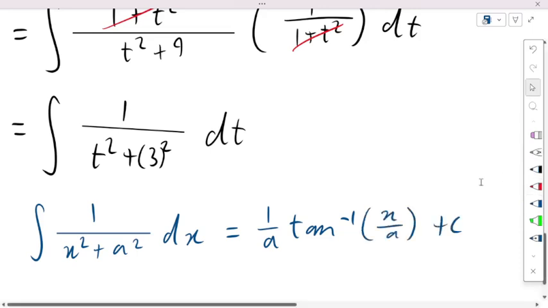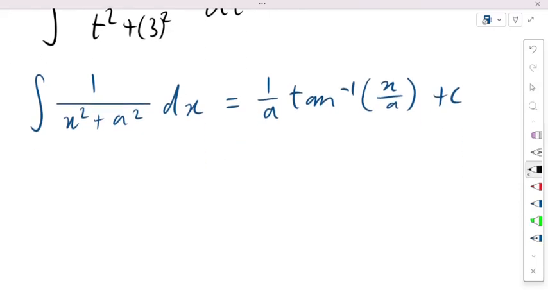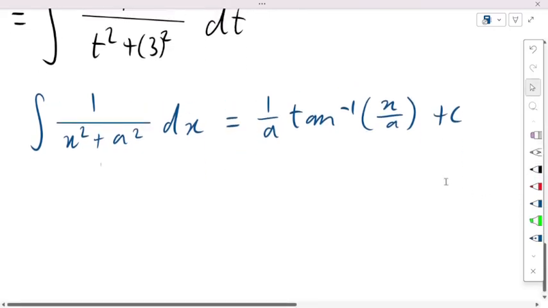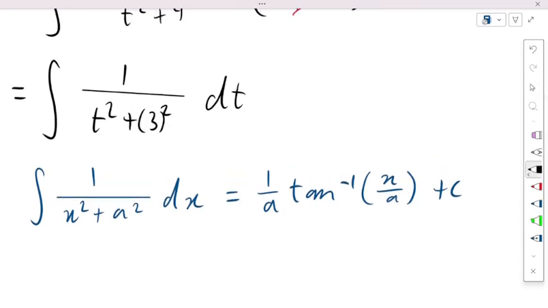So that just tells us that our a value is being squared. And the reason why I wrote 9 as 3 squared is because this 3 over here is represented as our a value. And t is actually our variable, which is kind of x.